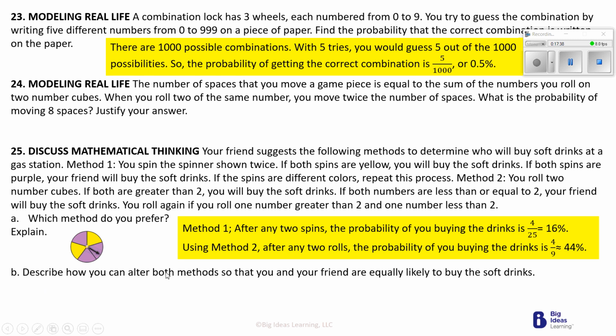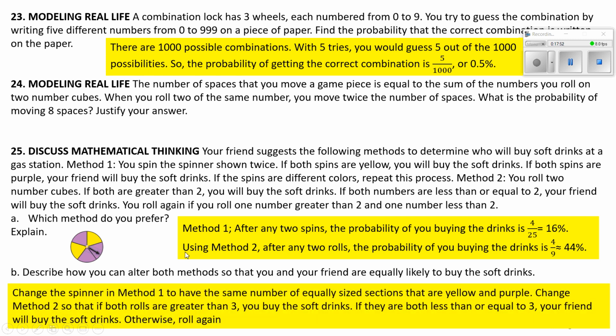Describe how you can alter both methods so that you and your friend are equally likely to buy the soft drink. Well, change the spinner in method 1 to have the same number of equal sections that are yellow and purple.